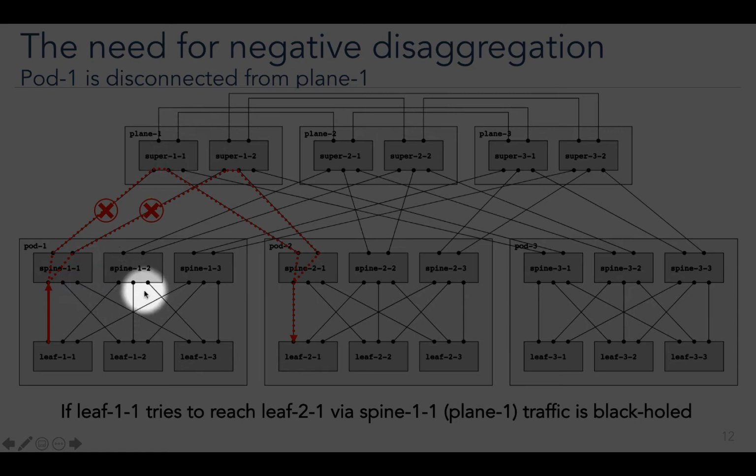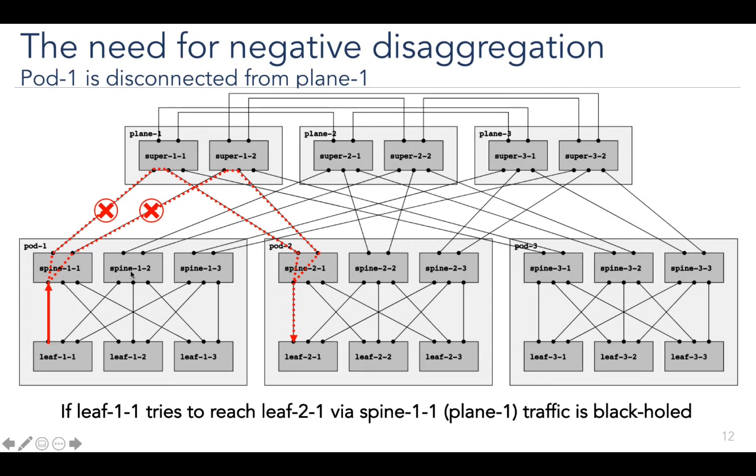Pod 1 is still connected to plane 2 and plane 3, but it's disconnected from plane 1. Similarly, plane 2 is still connected to all 3 pods, and plane 3 is still connected to all 3 pods. But as we mentioned already twice before, plane 1 is disconnected from pod 1.